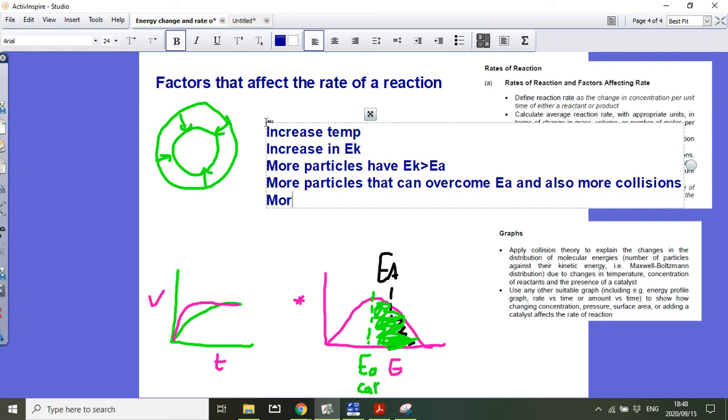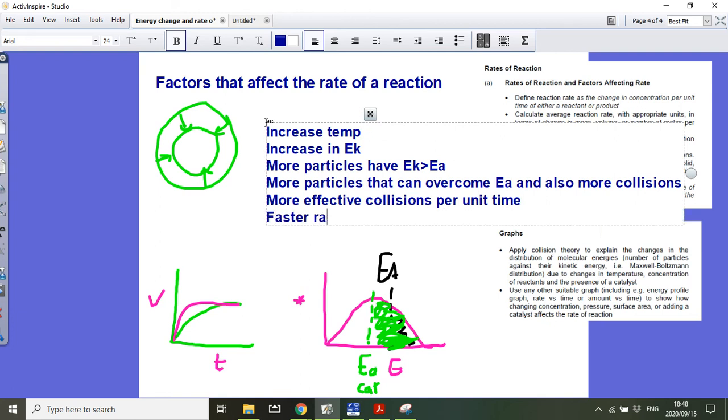So therefore, more effective collisions per unit time. And therefore a faster rate.